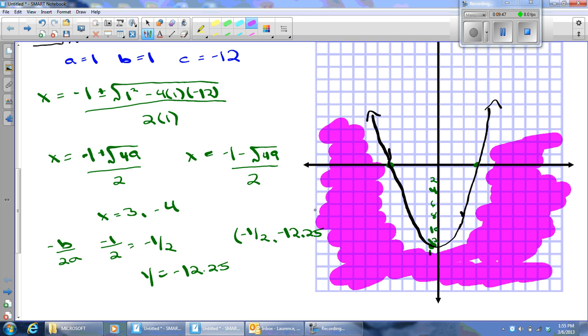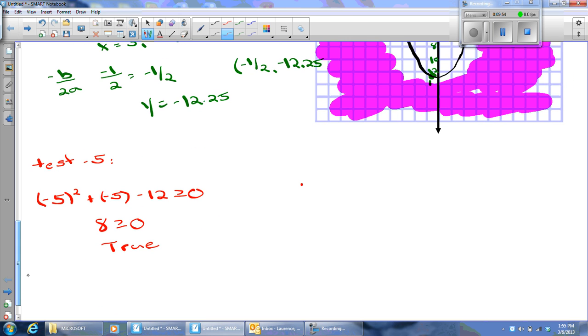Okay, and then we're going to test an inside point just to make sure. So we're going to test 0 again since it's the easiest.